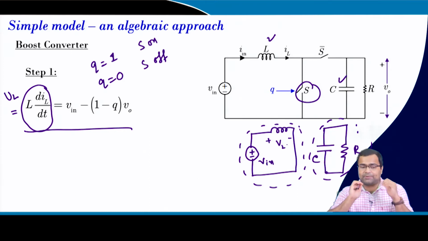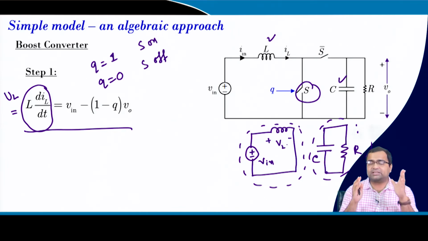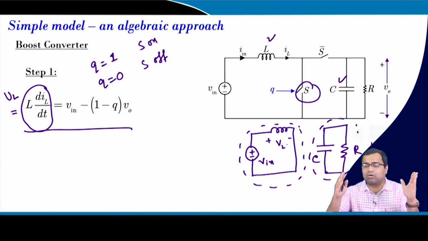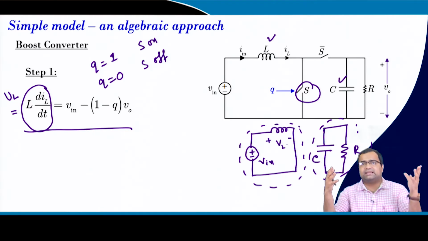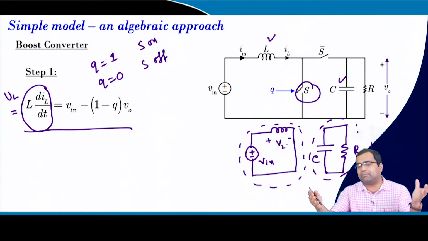If you do not have control over current, if you do simple voltage mode control and try to push the bandwidth high, it may so happen that during a transient you can have a large on time, and that large on time can really increase the inductor current and it will never come back.